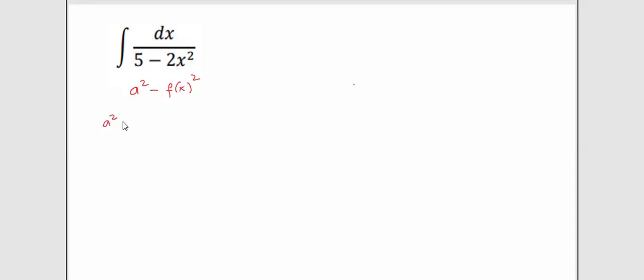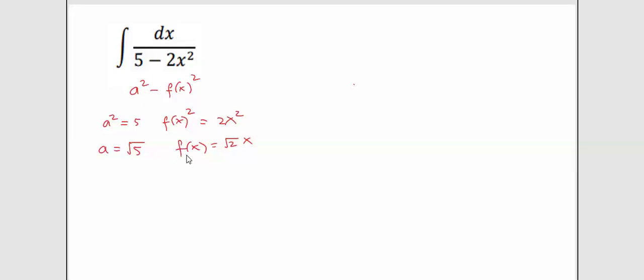So ang a squared natin is 5. Ang f of x squared natin ay 2x squared. So, a is square root of 5, para hindi kayo masanay na yung a ay palaging whole number. And then f of x is the square root of this one, so square root of 2 times x.